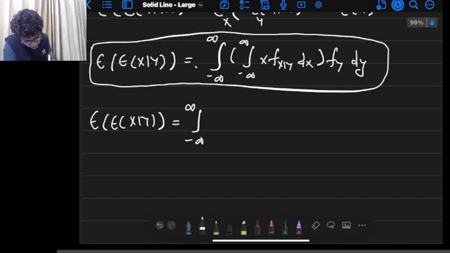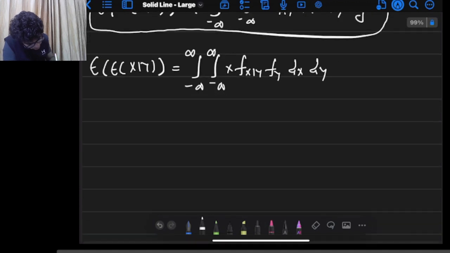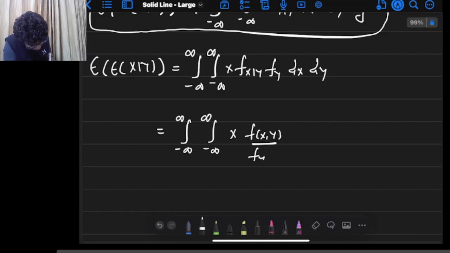Now x becomes the integral from negative infinity to positive infinity of x f(x conditional y), and if I take f(y) inside, f(y) dx dy, this means I have the double integral of x f(x, y) upon f(y). So f(x conditional y) is f(x, y) divided by f(y), times f(y), and if I write this as dy dx, this gives me f(y), and f(y) gets cancelled.